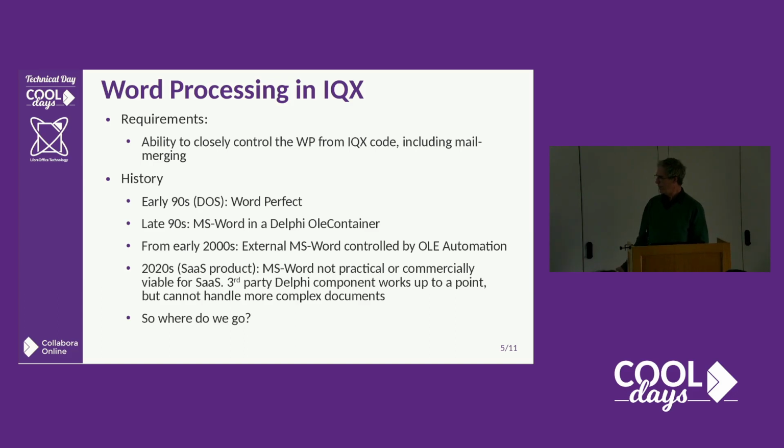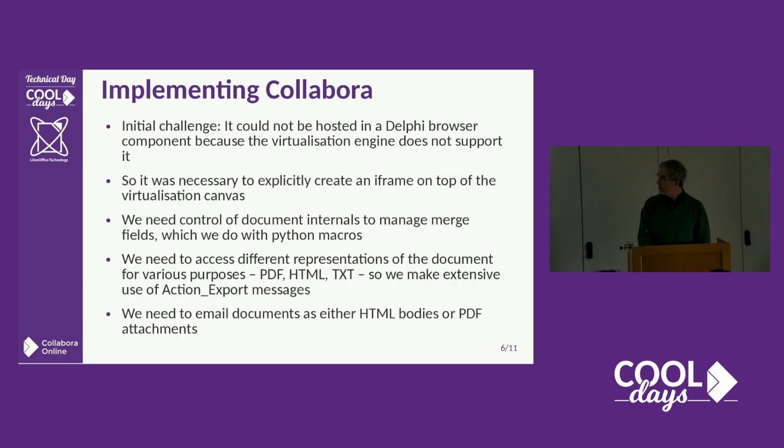It's very, very basic. People want a proper word processor. So what to do? Well, you'll not be surprised to hear that Collabora appeared on the radar as being the obvious way to go. So how to implement this in this new SaaS version of the legacy product?